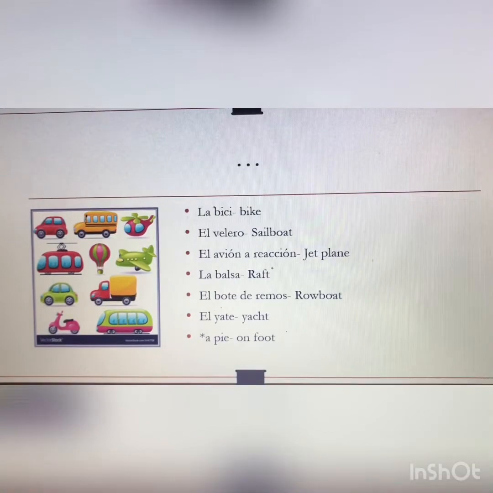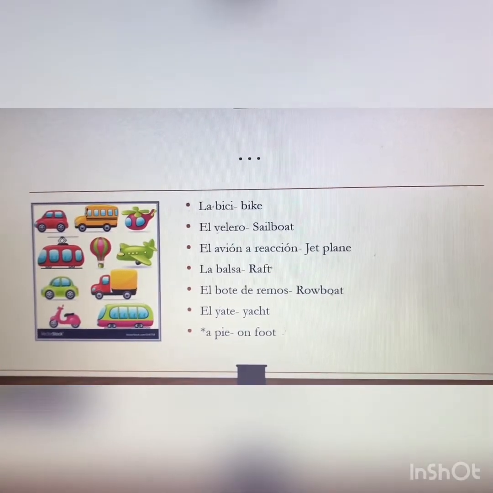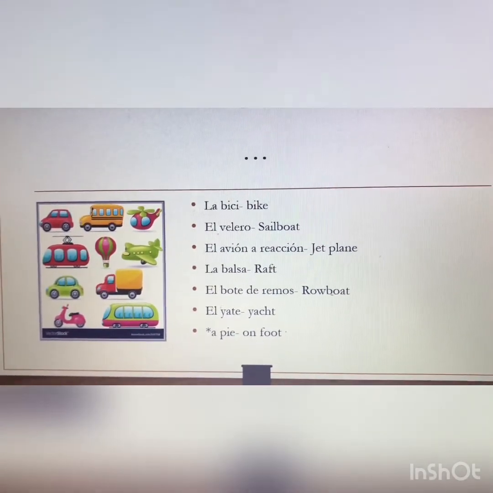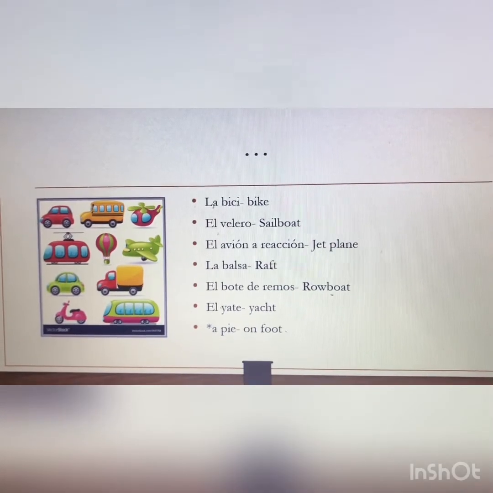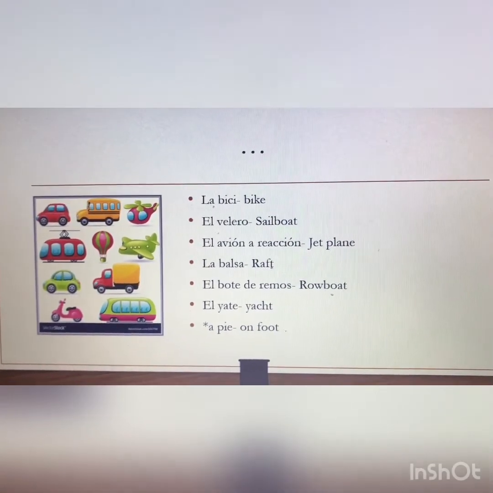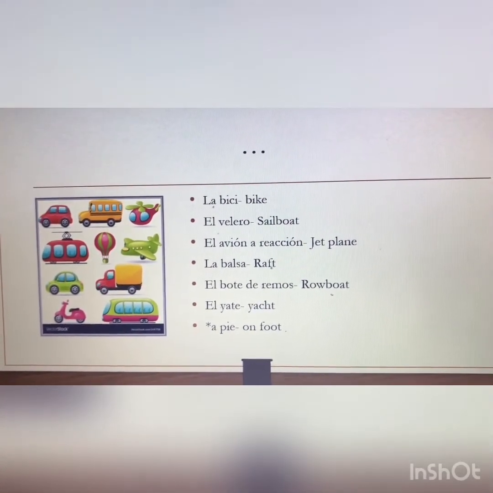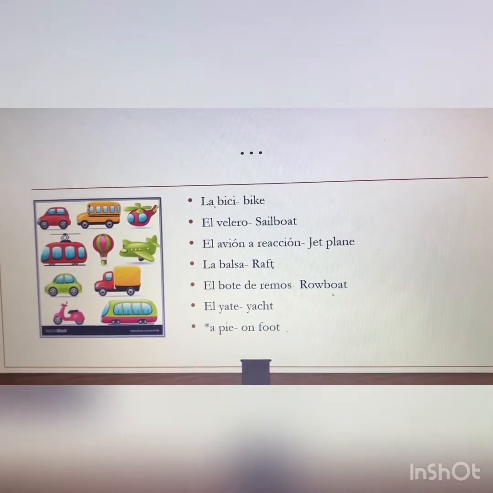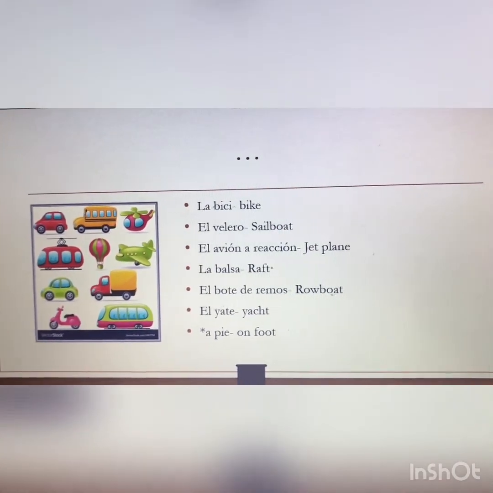We have a few more examples. La bici, el velero, el avión a reacción, la balsa, el bote de remos, el yate, y finalmente a pie.